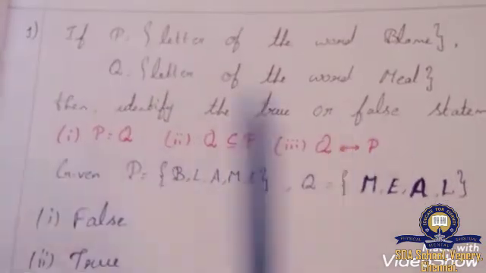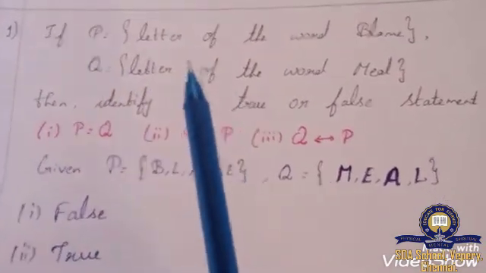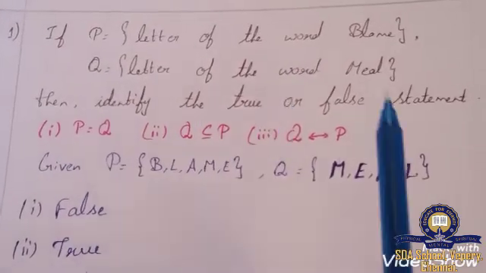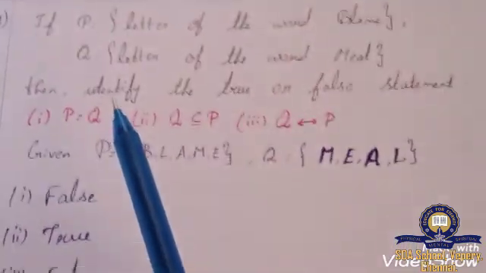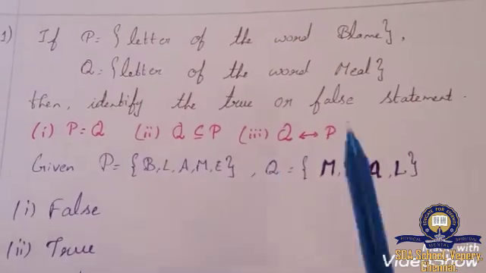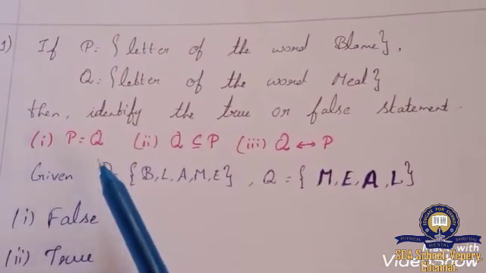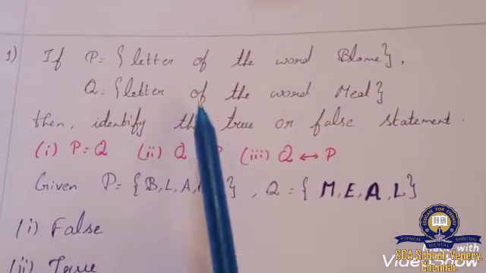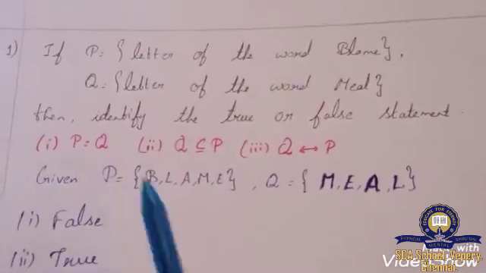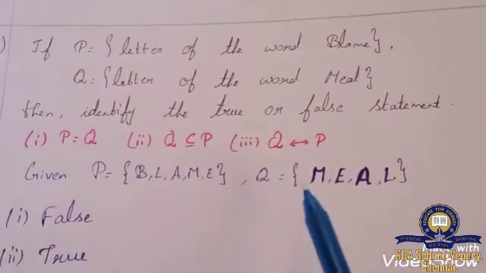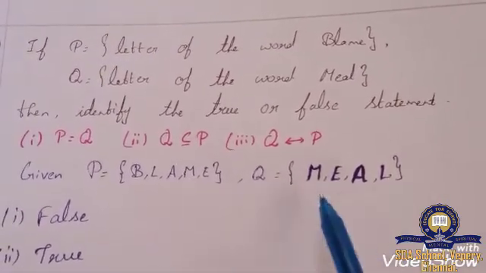Let's see an example. If P is equal to the letters of the word BLAME and Q is equal to the letters of the word MEAL, then identify the true or false statements. P is equal to BLAME and Q is equal to MEAL.